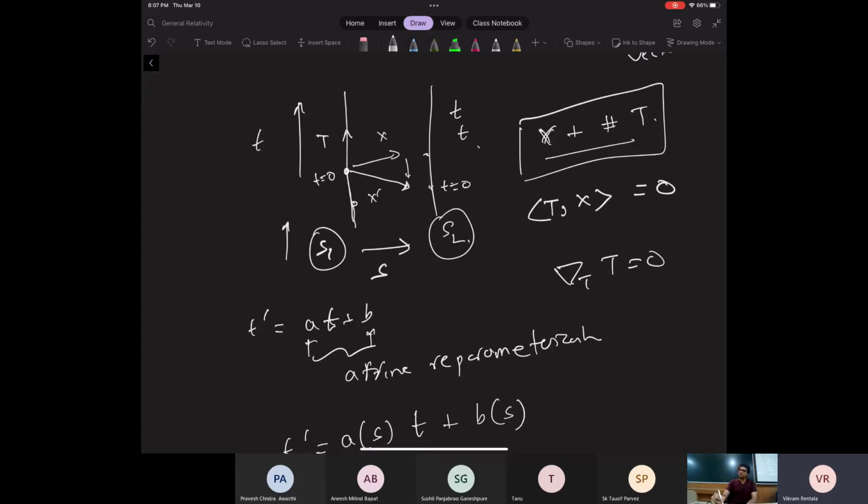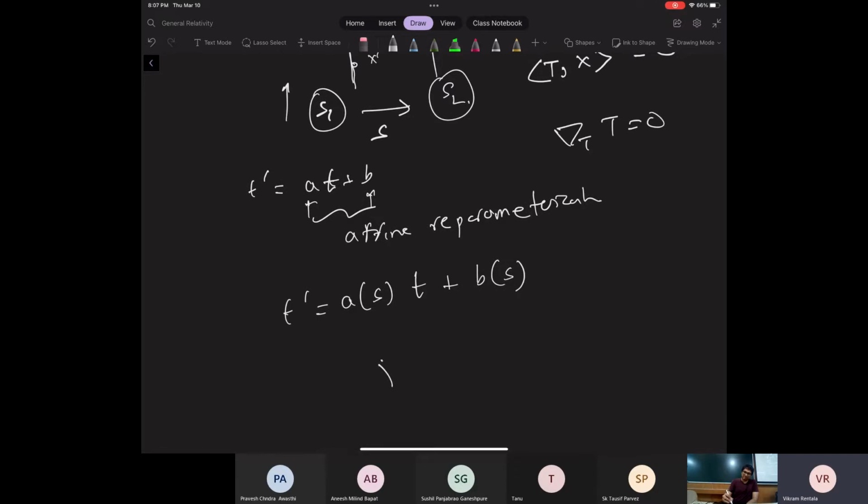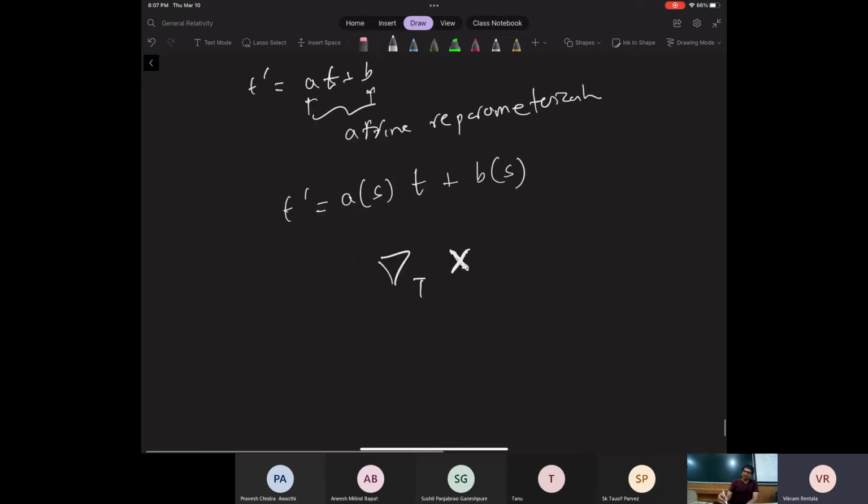What happens to x under reparameterization? So x can change like this. Now, if x changes like this, del t x, this is what we were evaluating. So I have the freedom to change x.